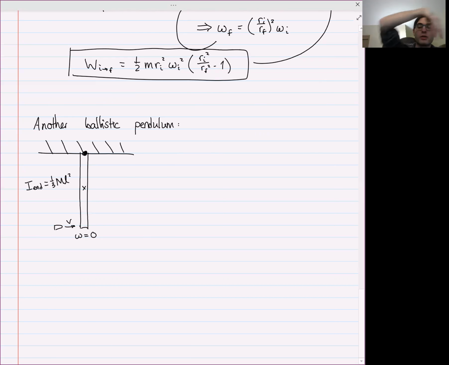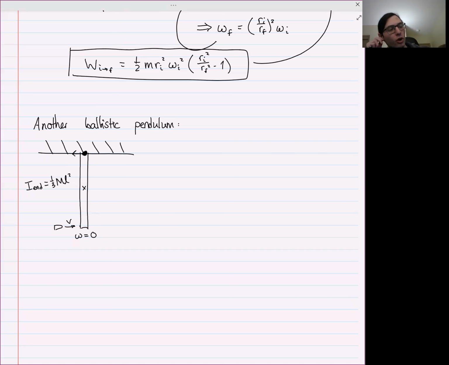We are applying a force to the bottom of the rod, to the right, so there must be an opposing force that prevents it from moving. Maybe not equal, because the center of mass might move, but there should be some force on the top that prevents the whole thing from moving. So there is a force acting on this rod that points to the left. That just has to be the case.